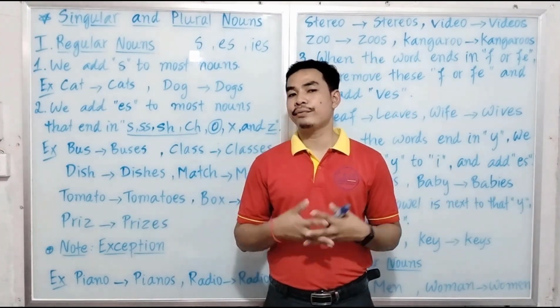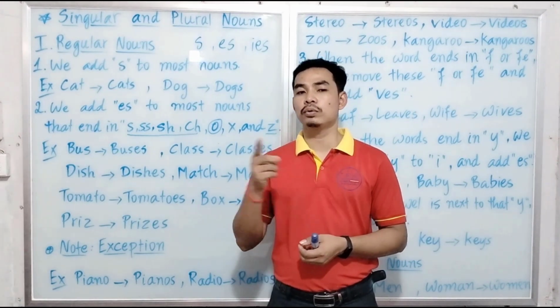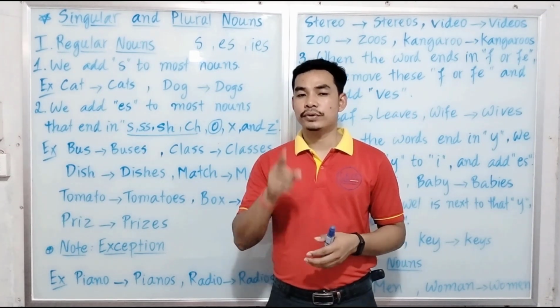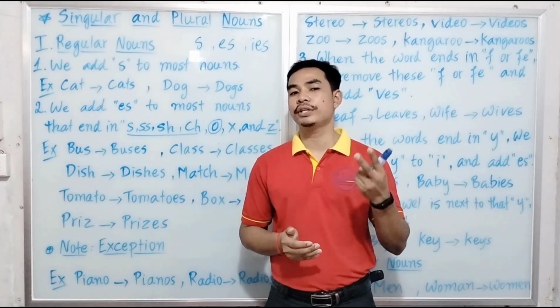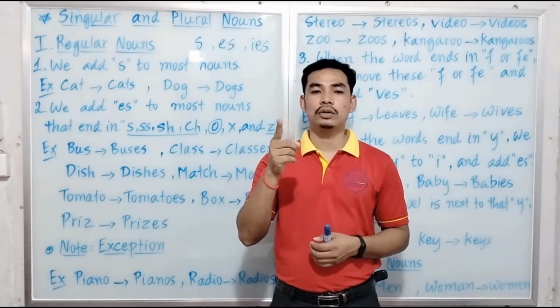Alright, so now let me revise the lesson again for you today. So today we learn about singular to plural. So here is the rule for you. So the first one we need to remember about regular nouns, and second one we need to remember about irregular noun.